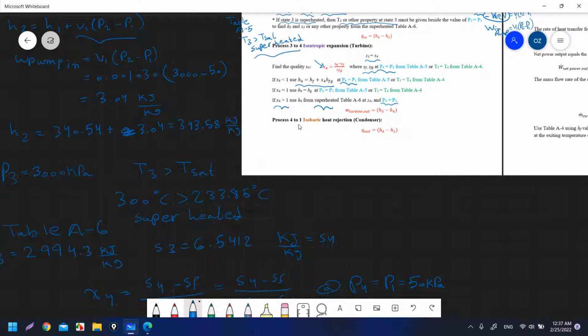So you will use this equation, H4 equal to HF plus X4 HFG, also at the pressure P4 equal to P1. HF and HFG are like SF and SFG. You will get them from table A5.